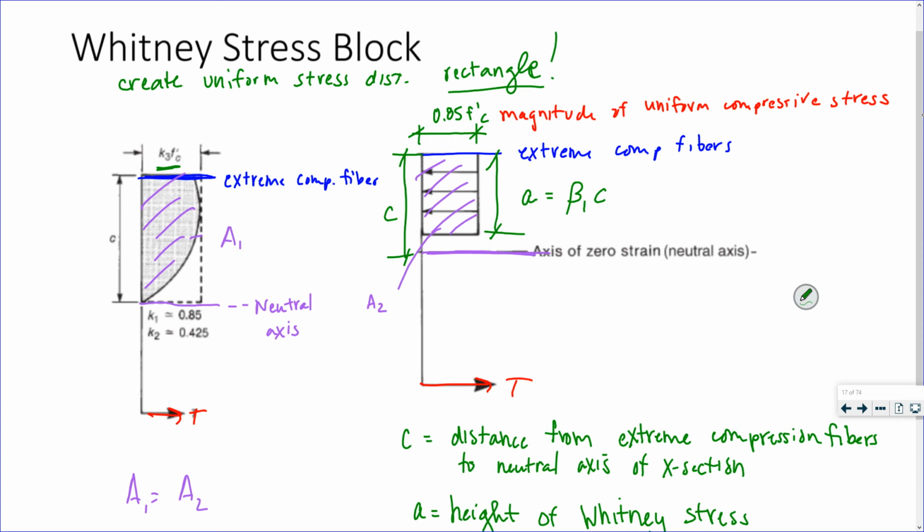We'll talk about what that beta 1 value is in a minute, but it's some factor times C. So the two things to remember are 0.85 f'c is the magnitude of this stress, the height of the magnitude of the stress block, and the height over which that stress occurs is beta 1 times C, where C is the distance from the extreme compression fibers to the neutral axis.